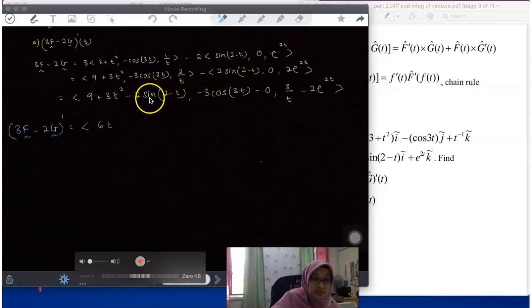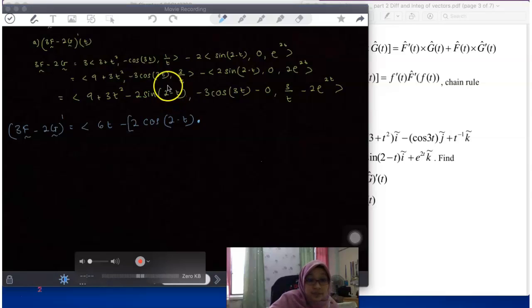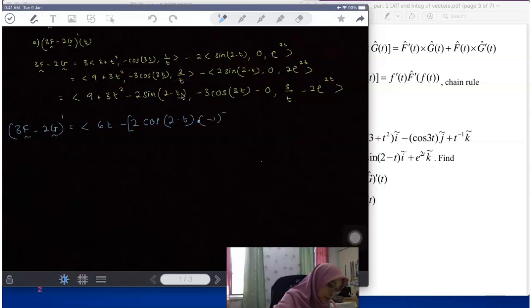Differentiate the outer sine, you get cos, so minus 2 cos of 2 minus t, and then multiplied by the derivative of the inner function with respect to t, which is minus 1.